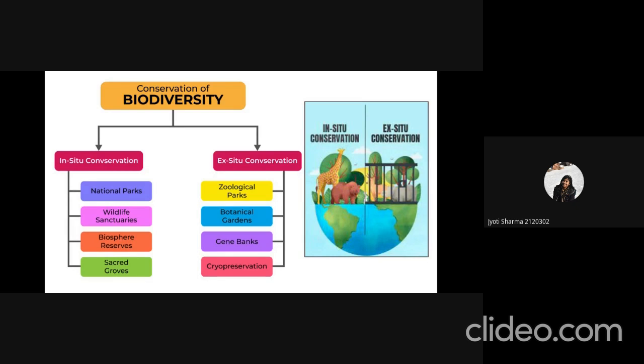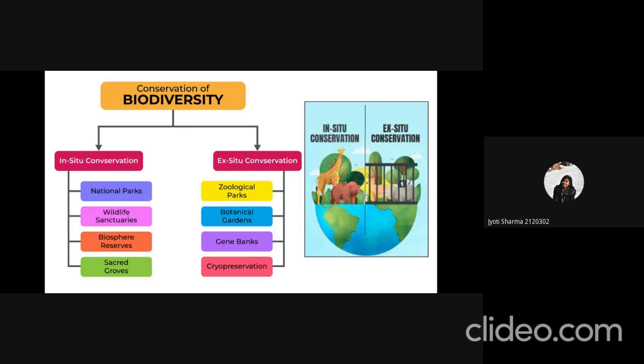Let's take an example. If we want to extract timber from the forest, and we want to extract it in such a way that we don't lose any species, this is a kind of sustainable natural resource extraction.